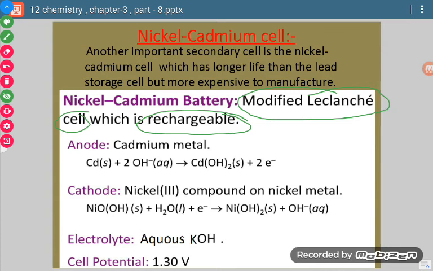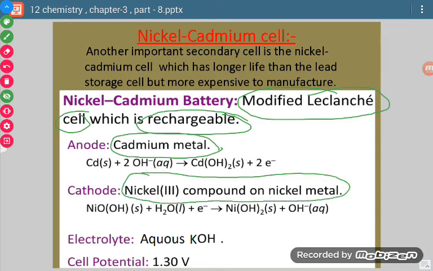Now what is the anode in this case? Anode is cadmium metal, and cathode is a compound of nickel in which its oxidation state is 3. So this substance acts as cathode. And what is the electrolyte? Electrolyte is an aqueous solution of potassium hydroxide.